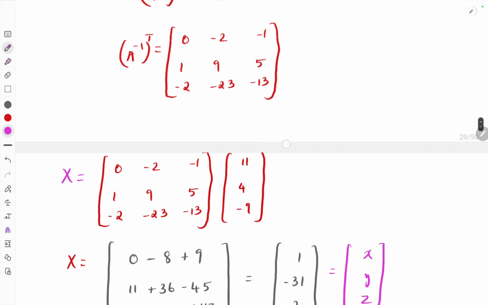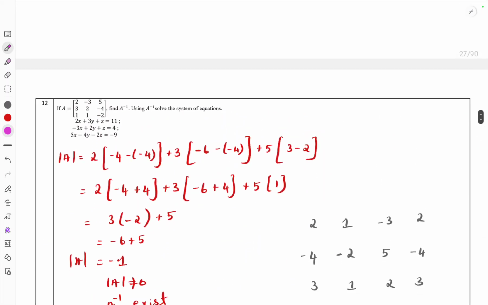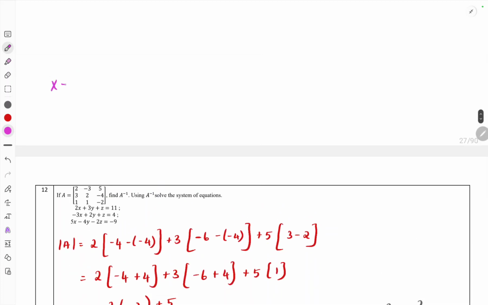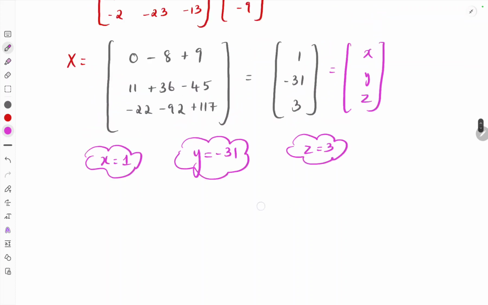So we have to check whether our answer is correct or not. We got the values of X as 1, minus 31, 3.